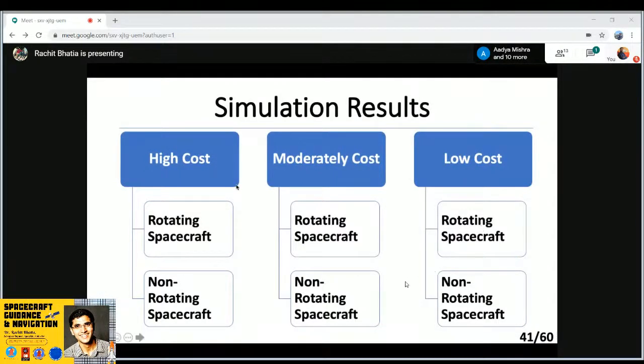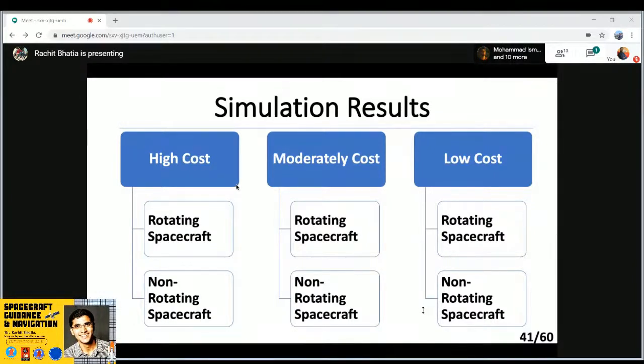Also, another parameter in this problem is a rotating or non-rotating spacecraft. We can have a spacecraft which is rotating, and we can also have a spacecraft which is being controlled by thrusters such that it doesn't rotate, so that the system stays much more stable and the performance is maybe better or worse.